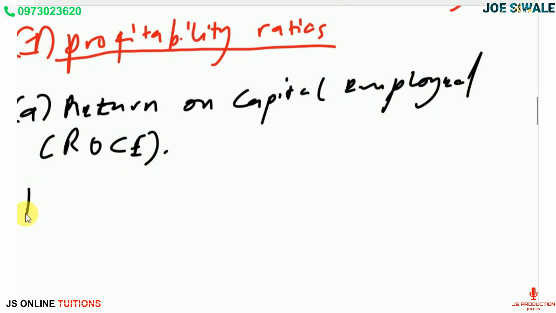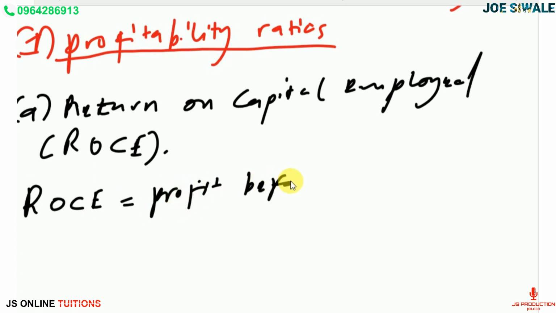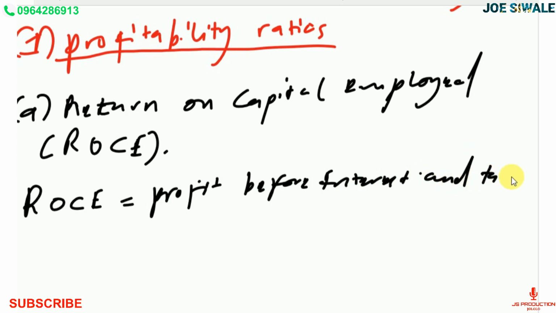So we are going to say return on capital employed is equal to profit before interest and tax divided by capital employed.